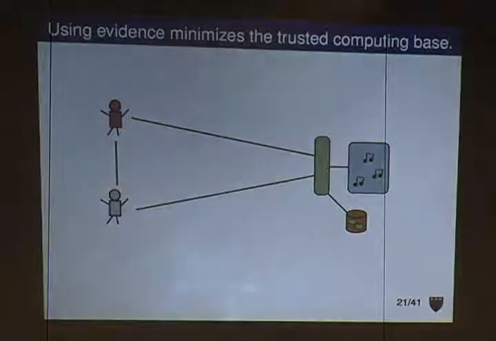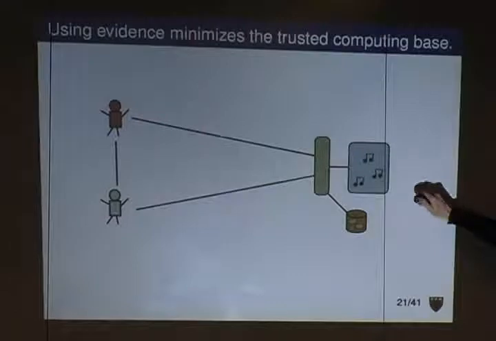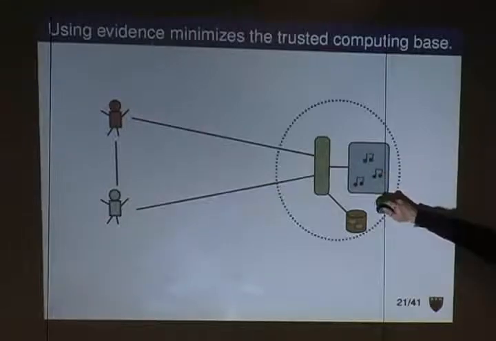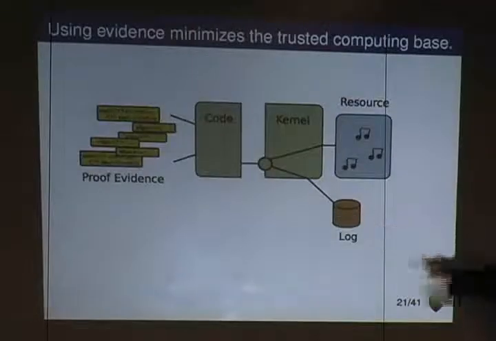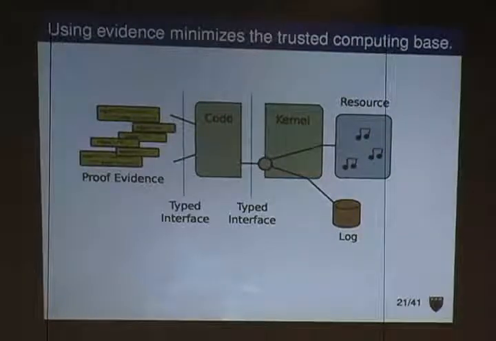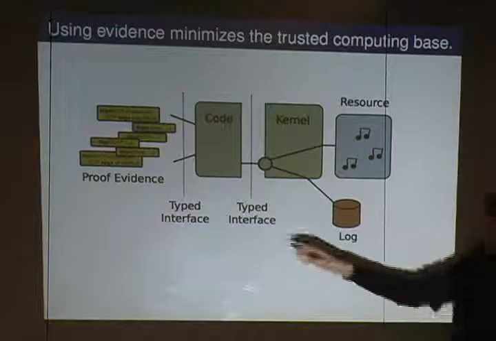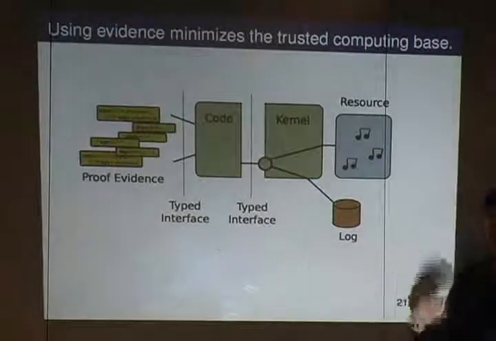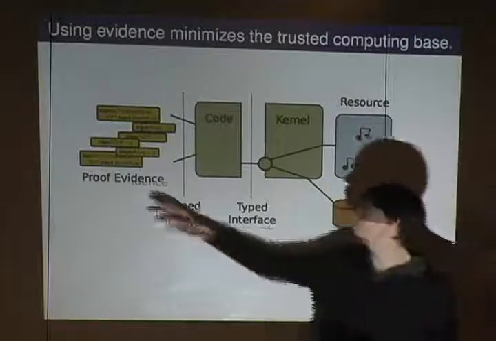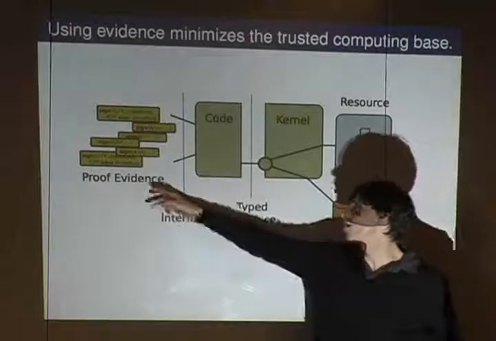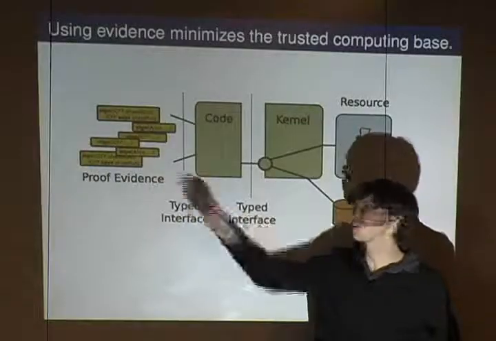And so in Aura, we can improve on this a little bit. We can go back to our music playing example. I'm just going to zoom in on the server and its resource, and we can make some finer distinctions within the system. We have our application code, and it's protected by typed interfaces. What I mean is that when we read proofs off of the network, we can check them to make sure that they're always good proofs about access control.